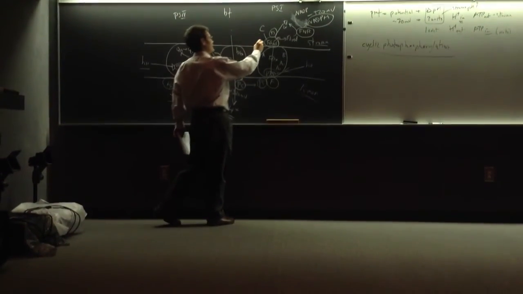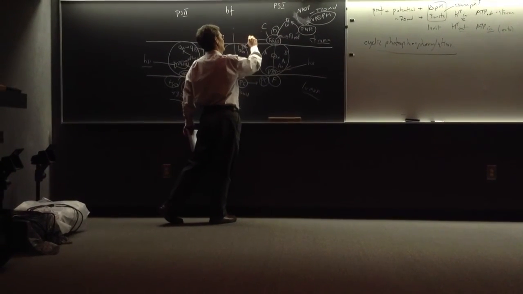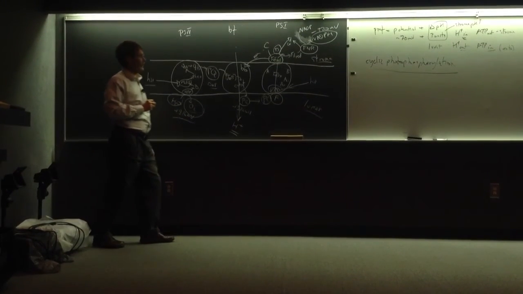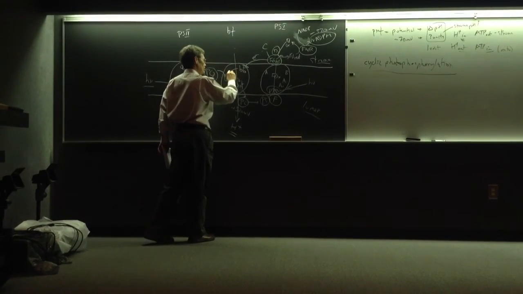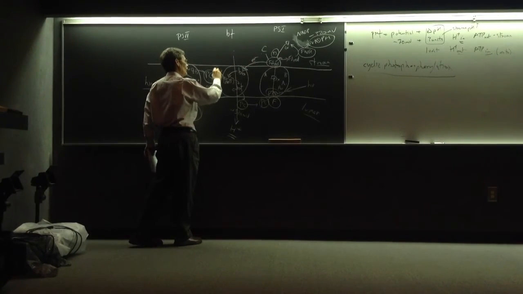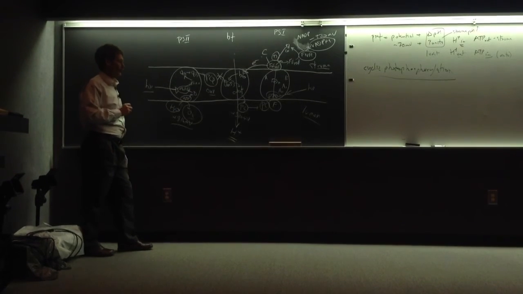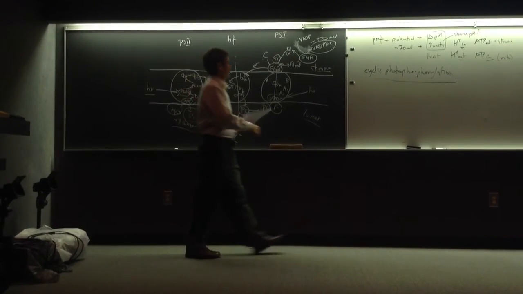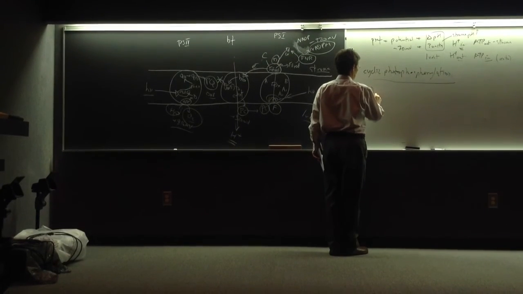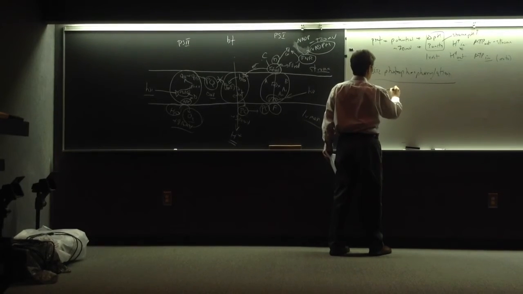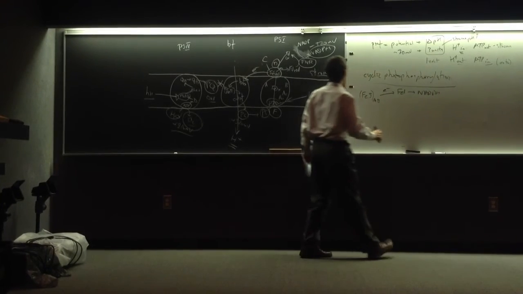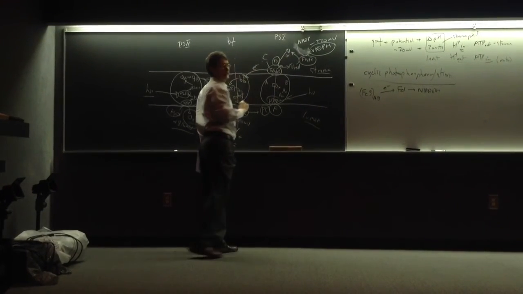Now, b6 can accept electrons from ferredoxin. Normally, ferredoxin transfers electrons to ferredoxin-NADP reductase, then NADPH.